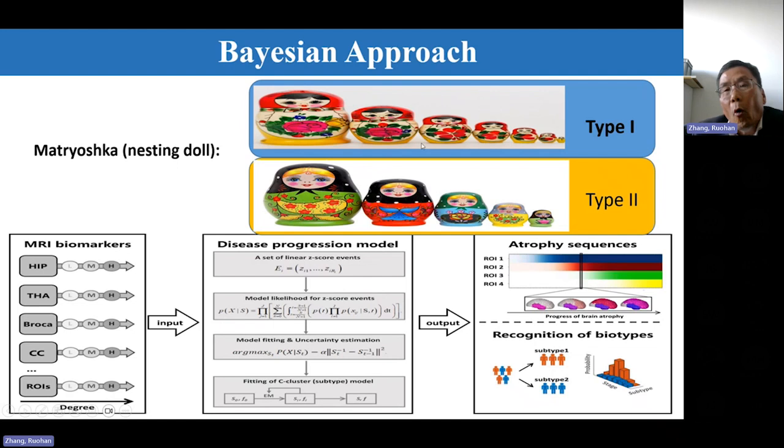If we have large enough samples of schizophrenia patients, we can always trace back where's the first area that starts to shrink. In mathematics we call this an algorithm. And if you can trace back the starting point, you can subtype patients, because they have different starting points of the disease.